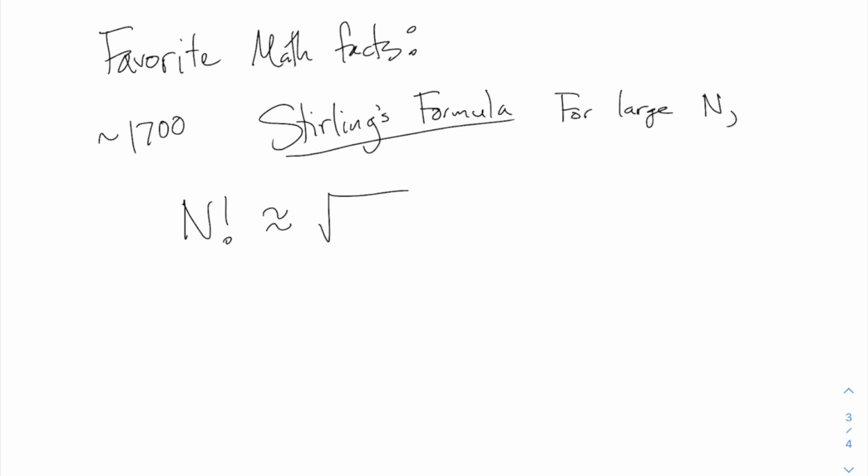Check it out. Were you expecting it to have a square root in it? It has a square root in it. It's the square root of 2 pi times n to the power n divided by e to the power n, where e is a number from calculus.